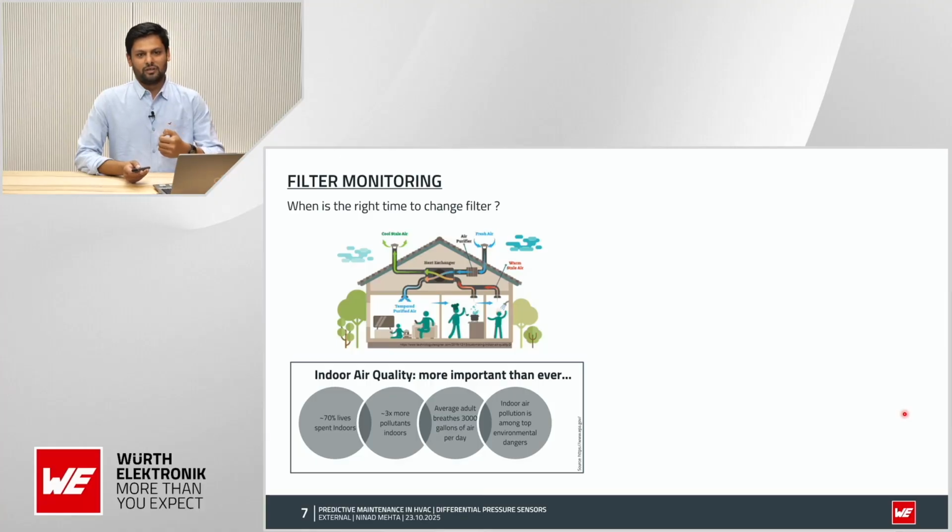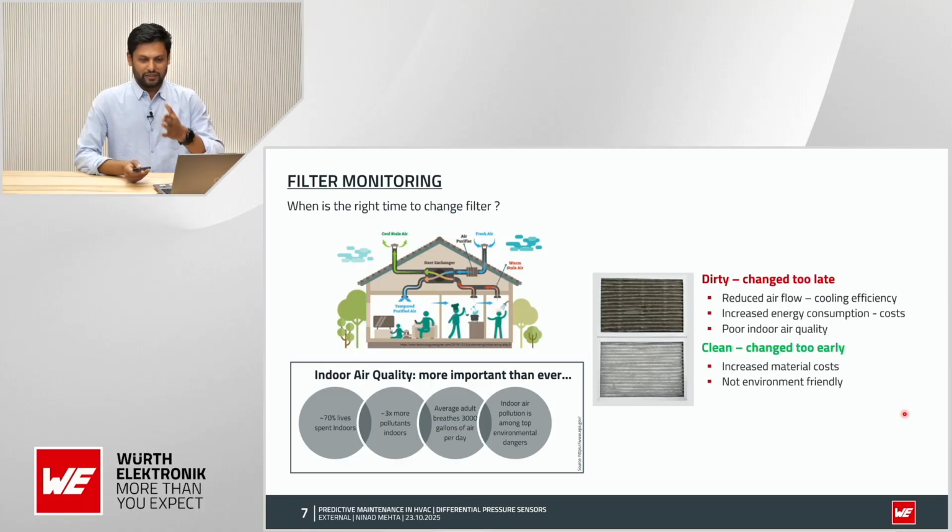It is very important that we have a healthy filter, because filters are the lungs of the whole HVAC system. Filters are installed at the inlet of the HVAC system, where the air comes from the outside and is filtered, and then the clean air is heated, cooled, or ventilated throughout the whole house or building.